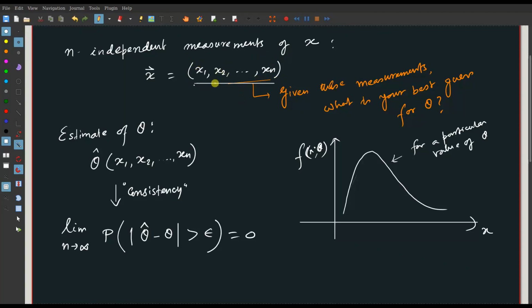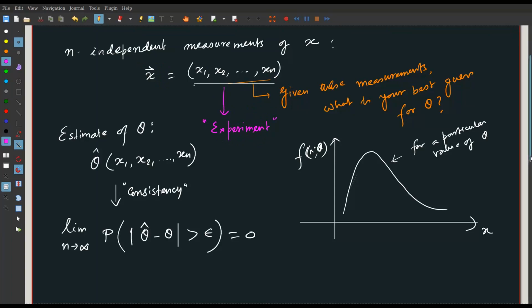So remember, the experiment means measuring the values of x independently small n times. These n values together constitute an experiment. That is how I define my random experiment.